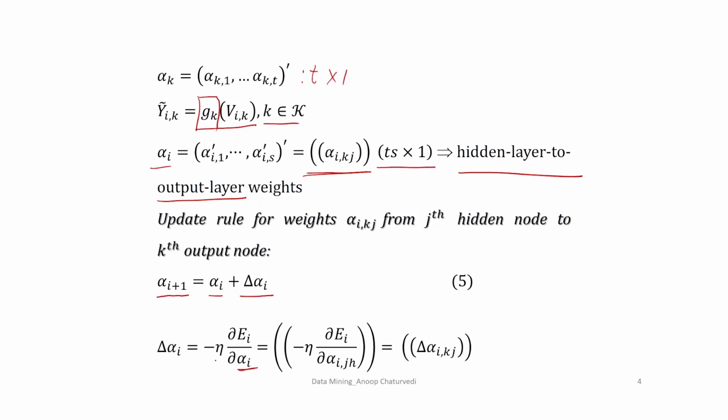Eta is the learning rate, and then you can write it as the matrix with elements minus eta del E_i upon del alpha_ijh, or we write it equal to the vector del alpha_ikj.